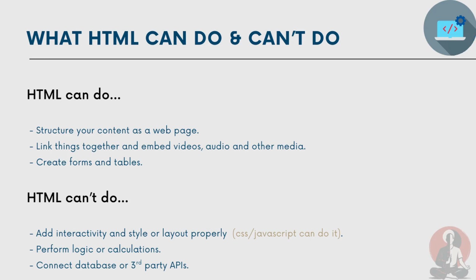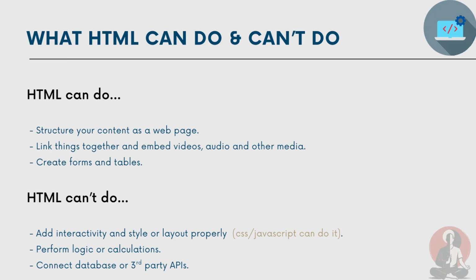HTML can link things together, like link one page to another using an a tag, and embed content like YouTube videos or Google Maps. HTML can work with other technologies: it integrates with CSS for styling, and it works with JavaScript to add interactivity. It can also include metadata for search engine optimization, social media, and many more.